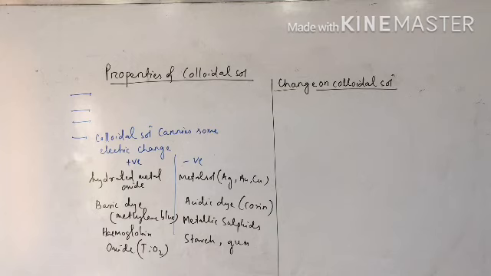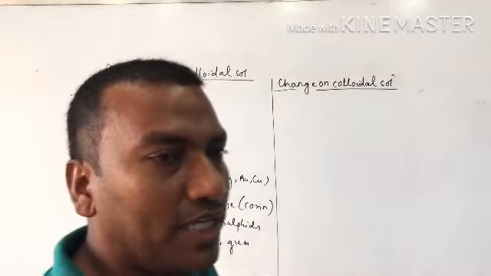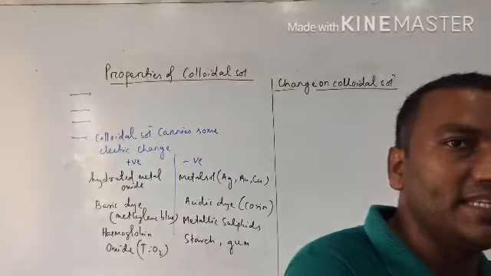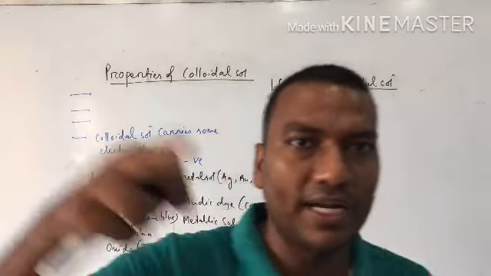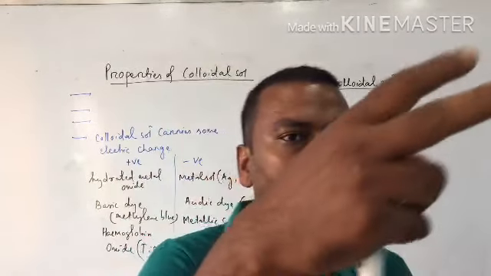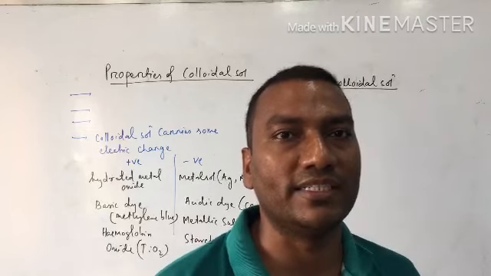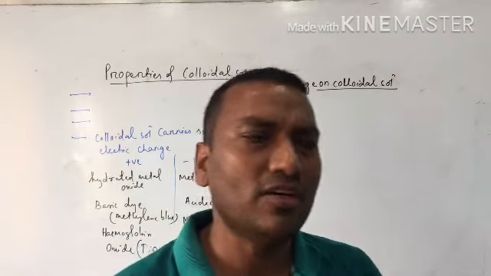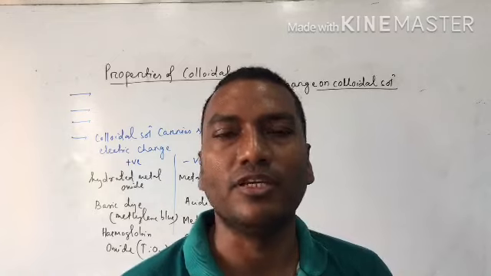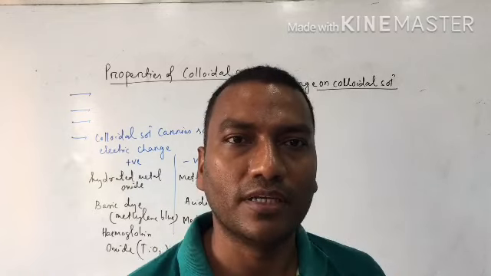Understood? So when colloidal solutions are viewed under a powerful microscope, we can see that the particles are in zigzag motion, which is known as Brownian movement. So that's why a colloidal solution has different properties. Clear now?